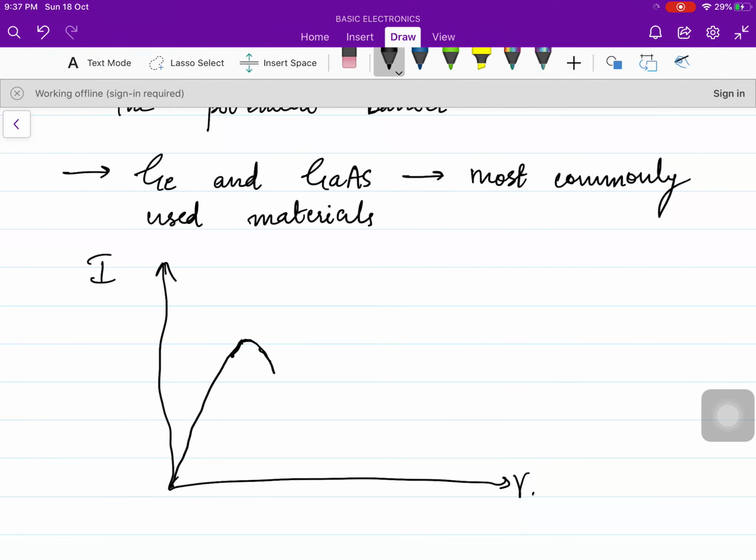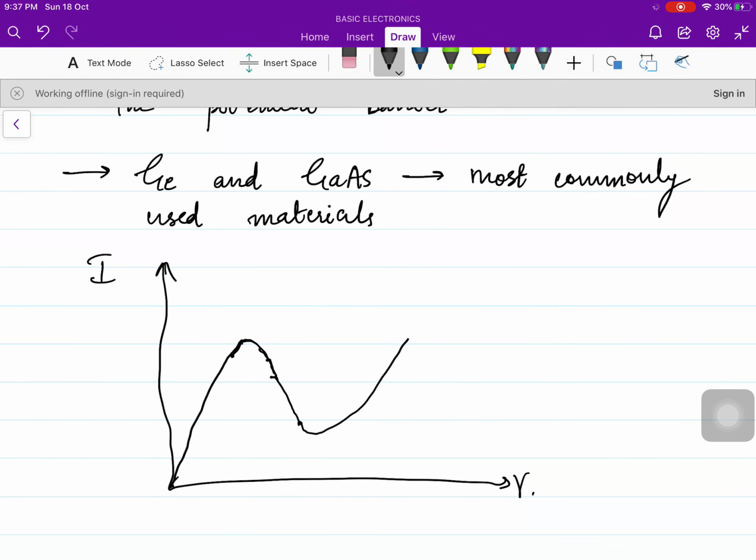But after some time, what happens? As you increase the voltage, the number of carriers is going to increase. So therefore, the current now decreases. And after a certain time, when it has decreased, it again increases.